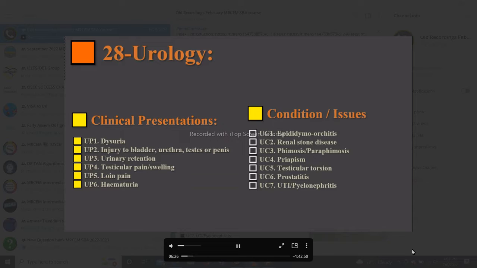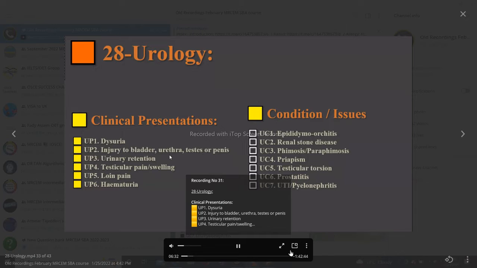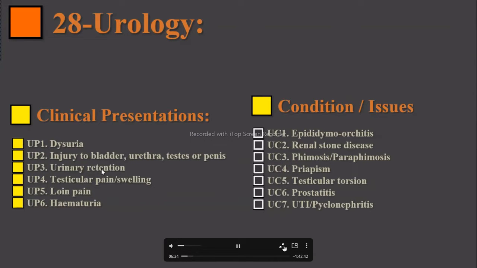Okay, so today for urology, we are talking about dysuria, injury to bladder, urethra, testis, penis, urinary retention, testicular pain, swelling, loin pain, hematuria, epididymo-orchitis, renal stone disease, phimosis, paraphimosis, priapism, testicular torsion, prostatitis, UTI, pyelonephritis.